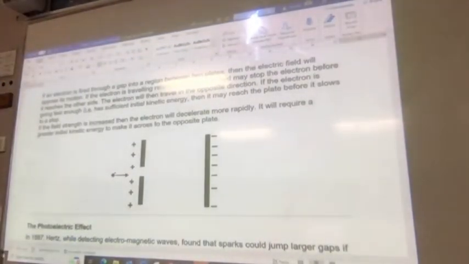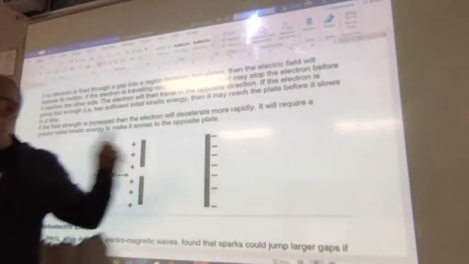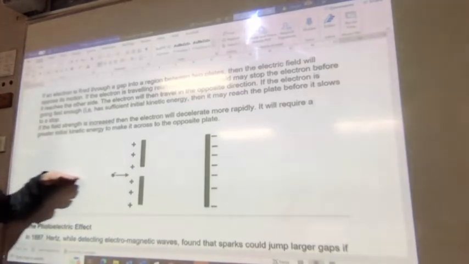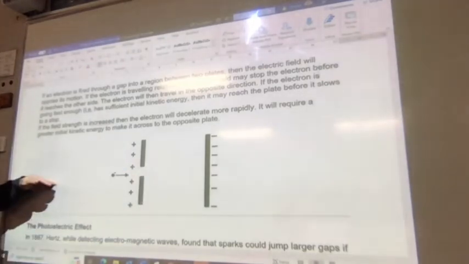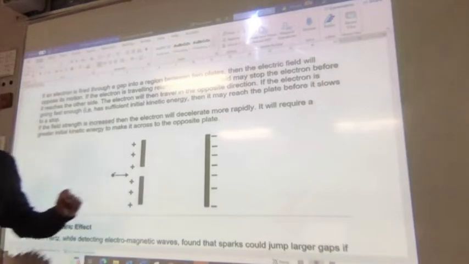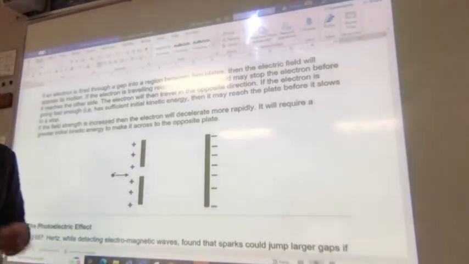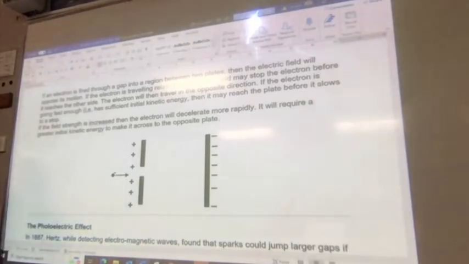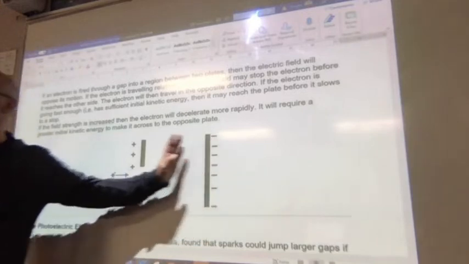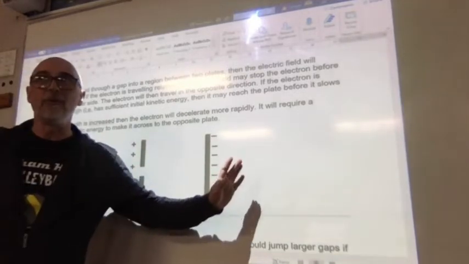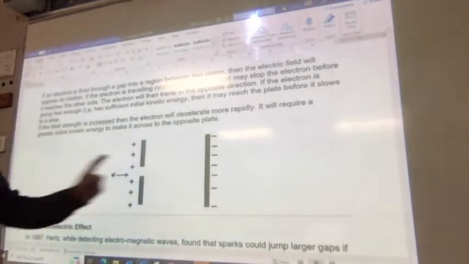What they're getting at here is, we've got a plate that's negative, but you're firing an electron from out here somewhere, and this electron can pass through this gap. It would actually like to stay over here where the positive plate is, but if it's got a lot of kinetic energy, you're going to have to try and stop it. So you need to apply a stopping voltage that might be able to stop this electron from getting to the other plate.